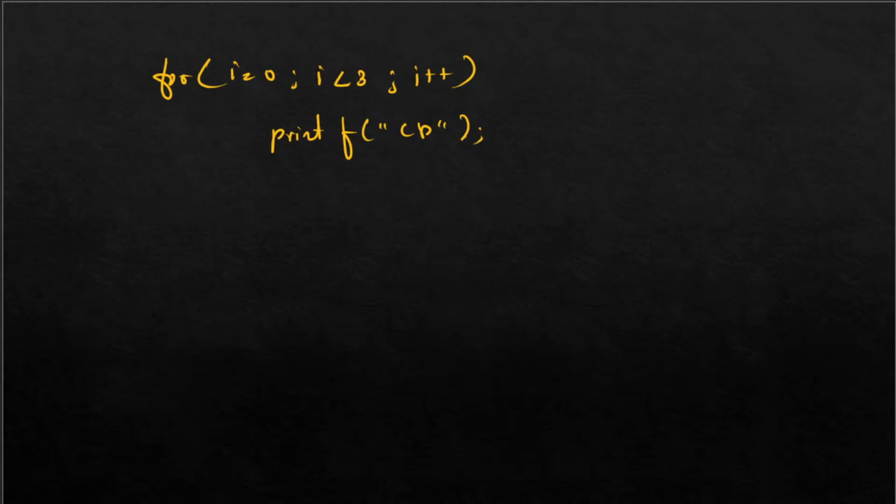So can you all tell me what the loop unrolling for this one would be?